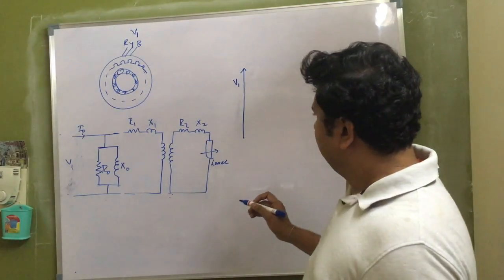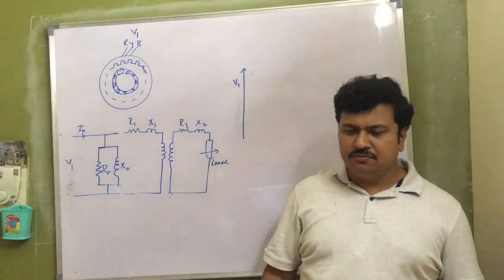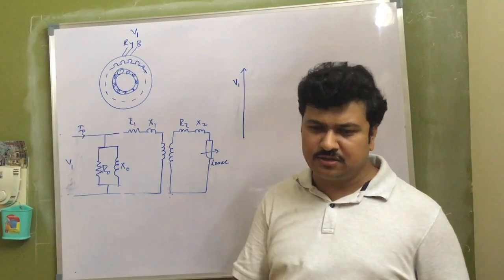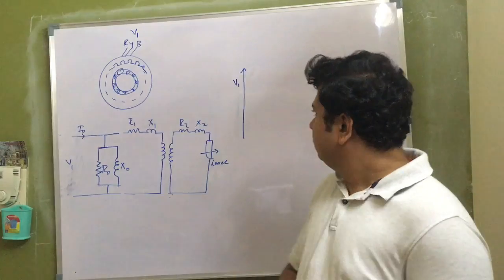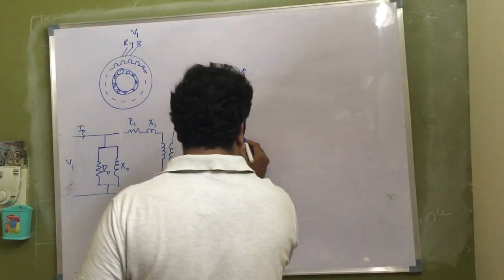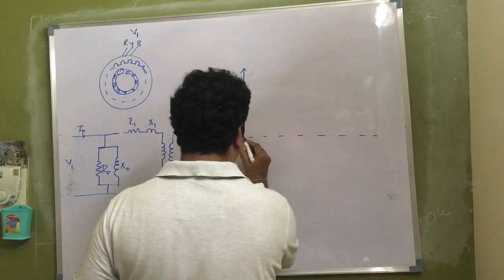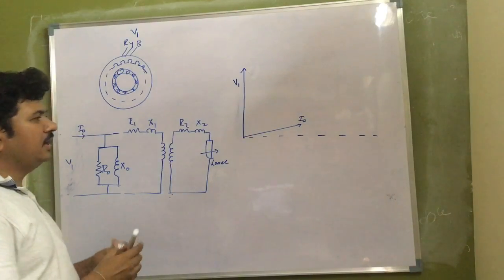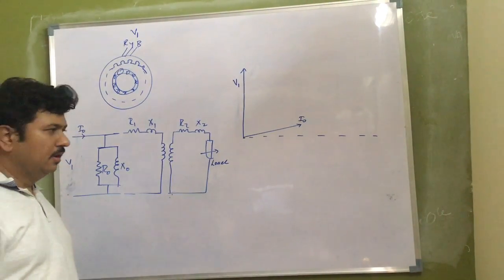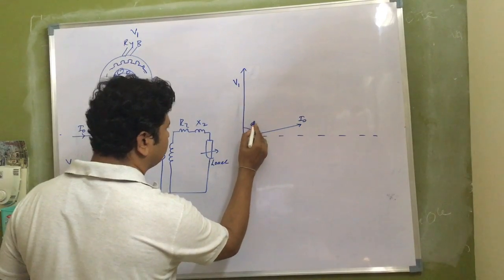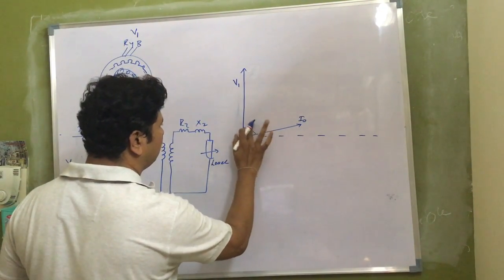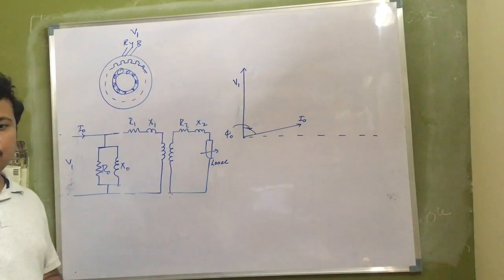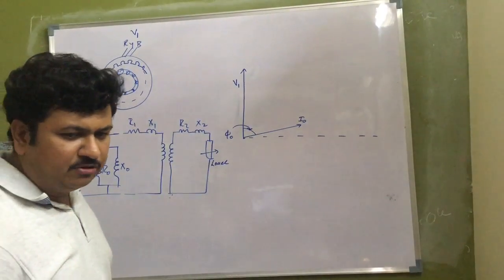Because the stator winding is very highly inductive, the angle between V1 and I0 is nearly 90 degrees. This angle is called phi naught, the no load power factor angle of the motor, which is nearly 90 degrees.